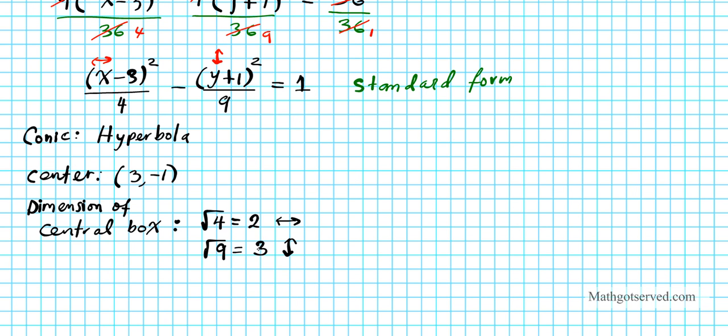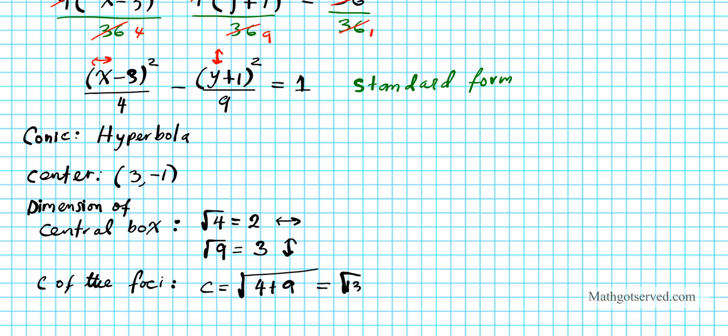Now these directions will help create the midpoints of the sides, or the medians of the sides, of our central box. Next thing we need is the c of the foci. So we're going to have c equals the square root of, we just add, remember I have a minus here, so you do the opposite, you just add the two denominators, 4 plus 9, which equals 13.